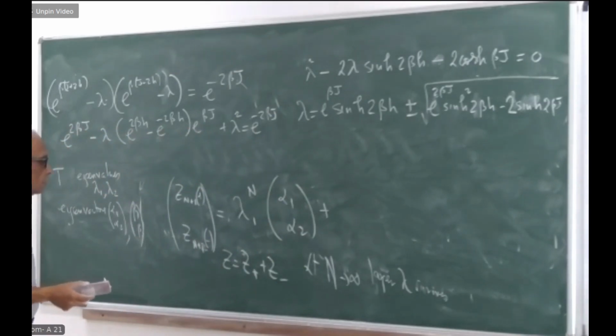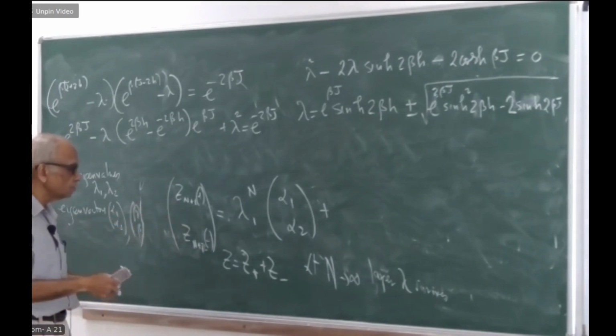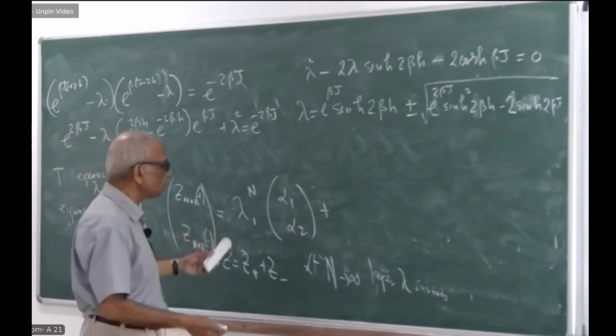All right. So Z_{N+1} reduces, so Z, which is plus, is lambda 1.